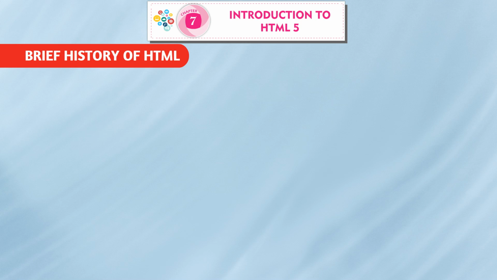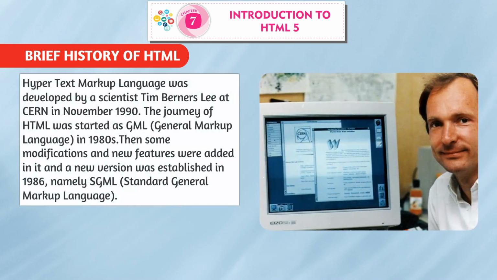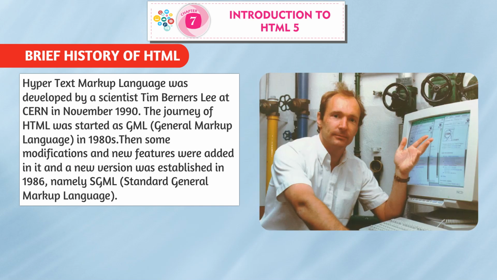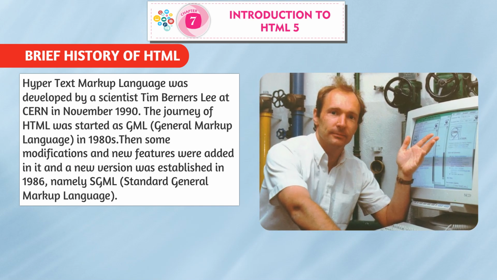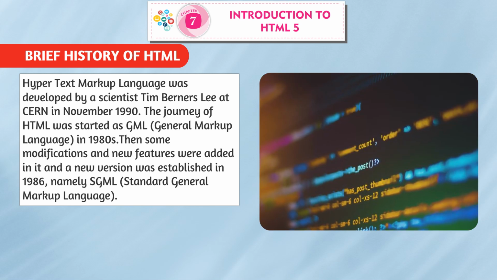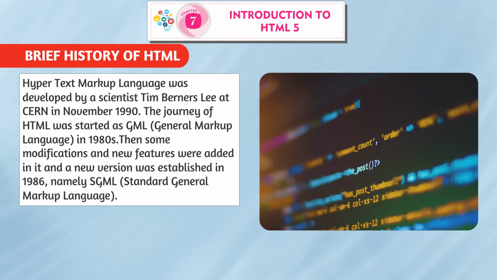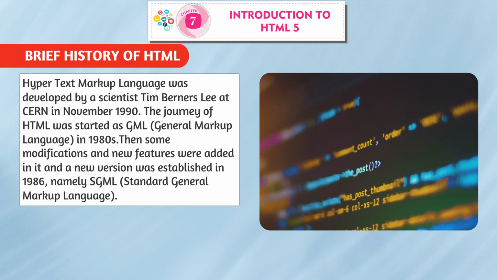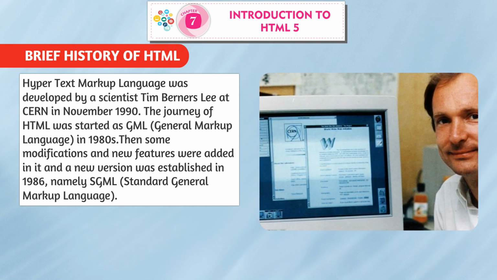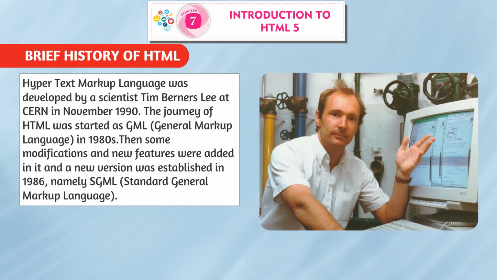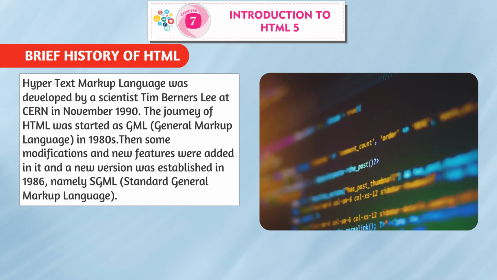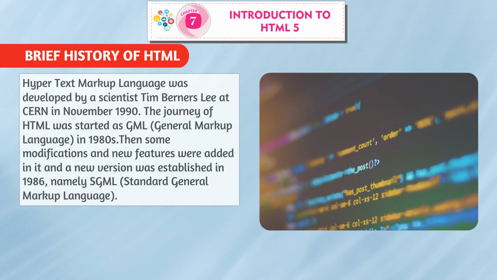Brief History of HTML. Hypertext Markup Language was developed by a scientist, Tim Berners-Lee, at CERN in November 1990. The journey of HTML started as GML, General Markup Language, in the 1980s. Then some modifications and new features were added in it, and a new version was established in 1986, namely SGML, Standard General Markup Language.